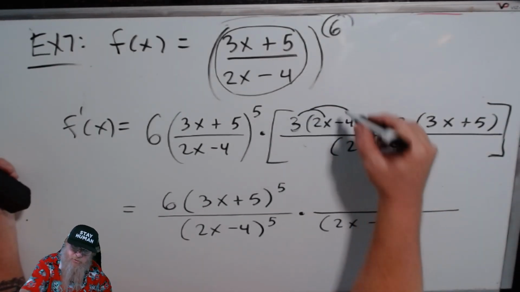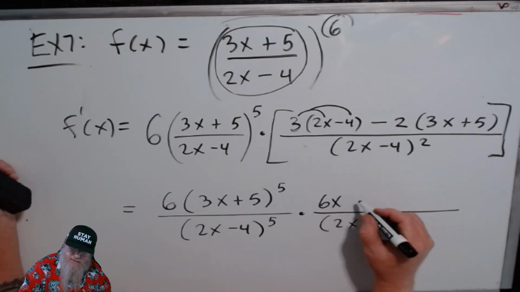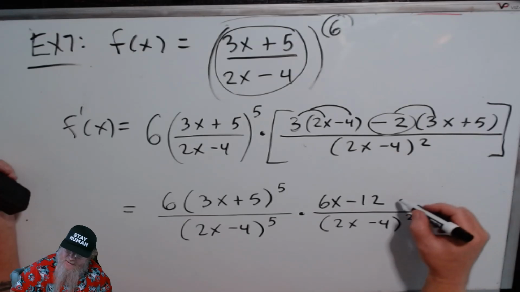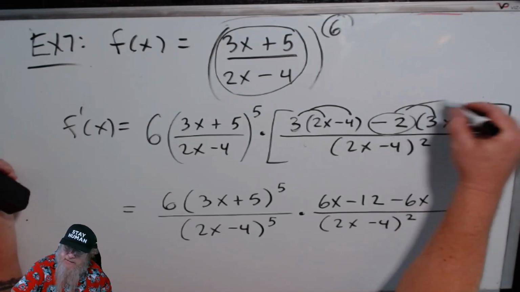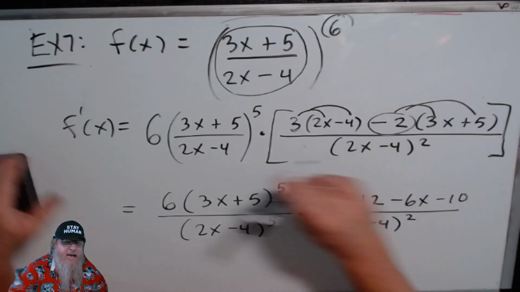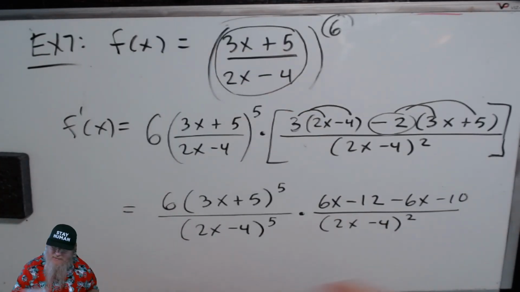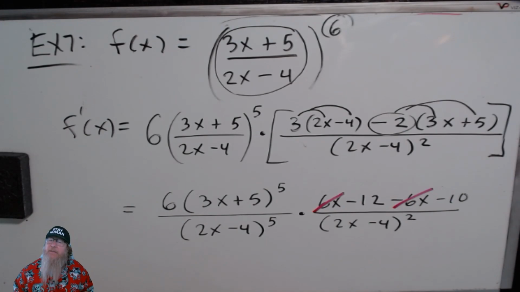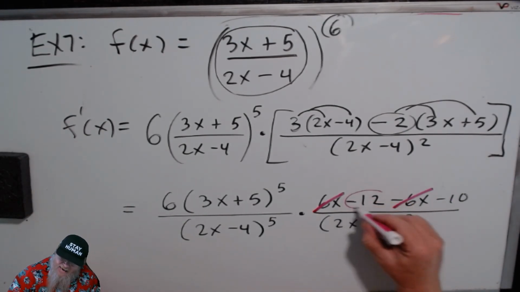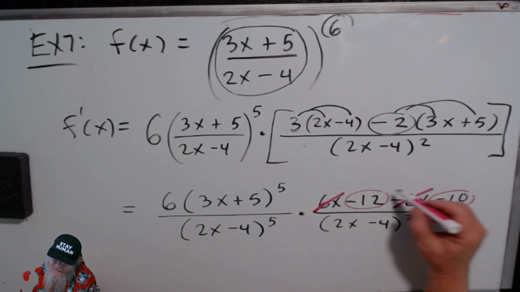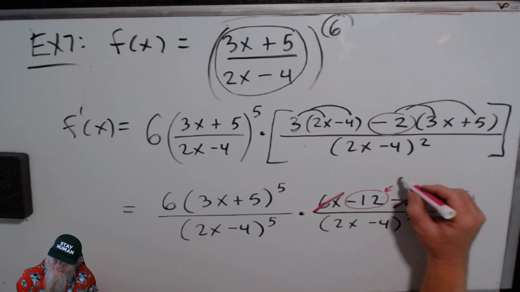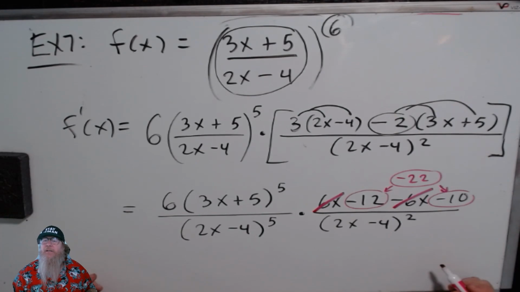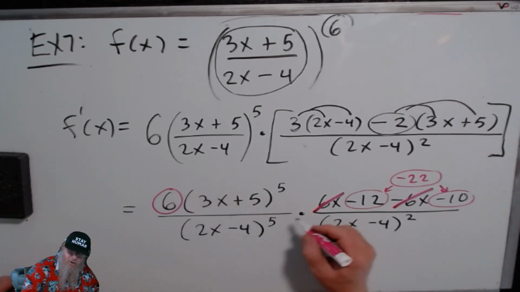I'm going to distribute: 6x minus 12 minus 6x minus 10. I'm going to cancel the 6x's. I'm going to add the negative 12 and the negative 10. It's going to be negative 22.